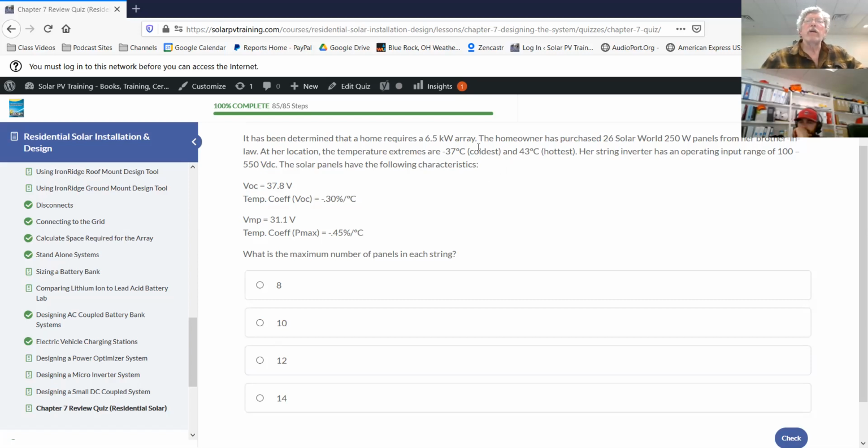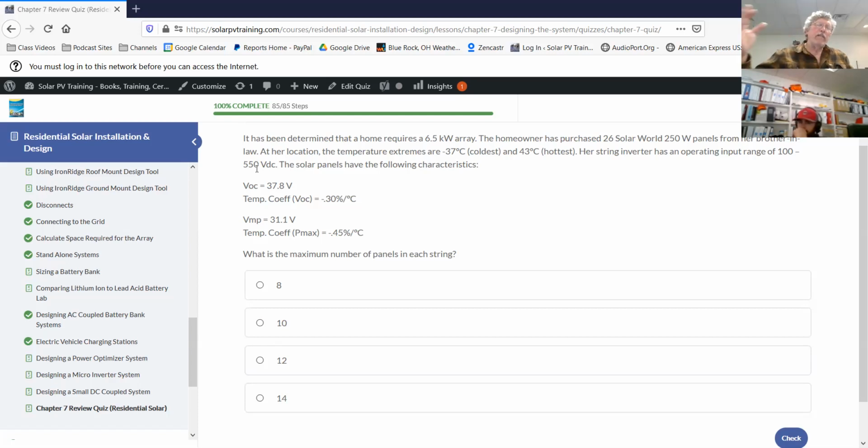So assuming that we were at 25 degrees Celsius, we could simply take the maximum voltage from the inverter, which is 550, and divide that, 550 divided by 37.8 volts, and I would find I could put 14.55 panels in a string to get to 550 volts.